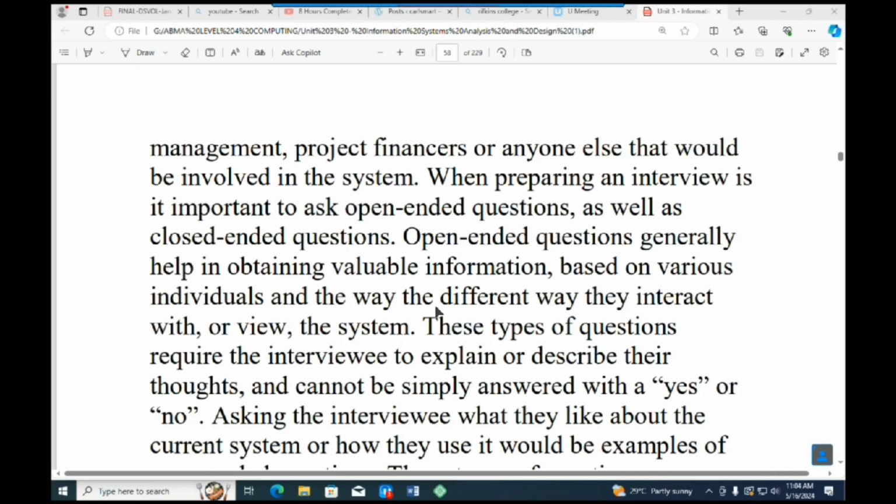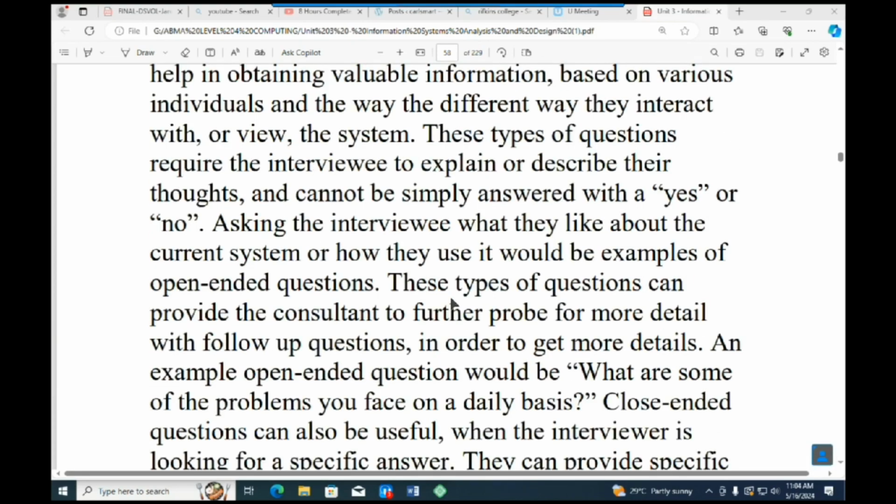These are questions you cannot answer with a yes or a no. They require explanation and description. For example, you can ask the interviewee what they like about the current system, or how they use it.